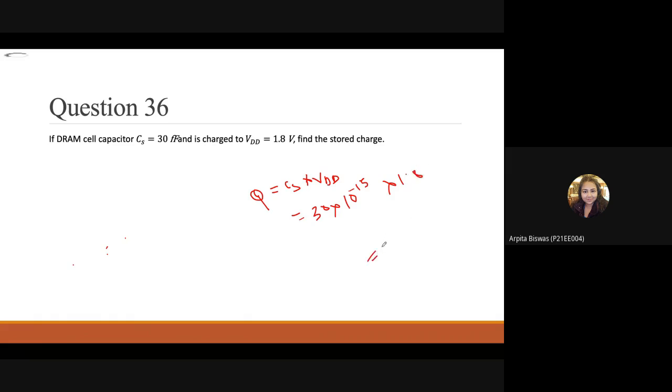Just cross check the value. 54 into 10 to the power minus 15. This is the answer.